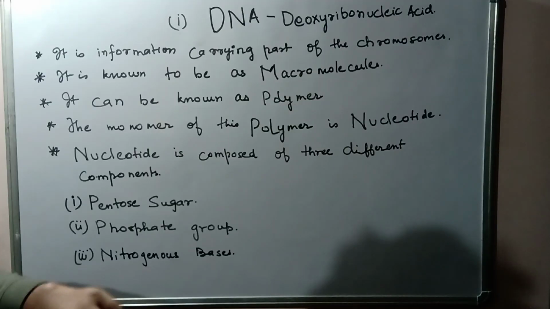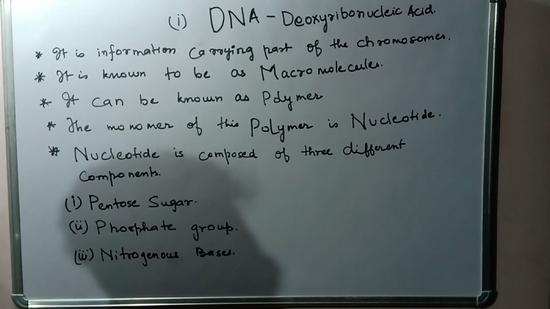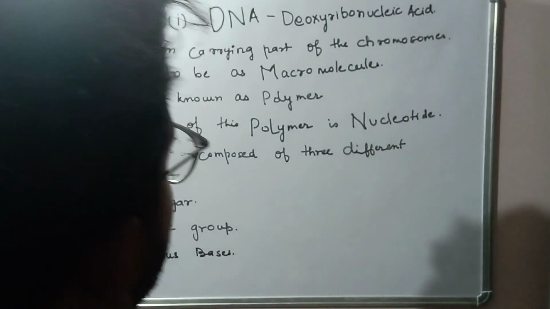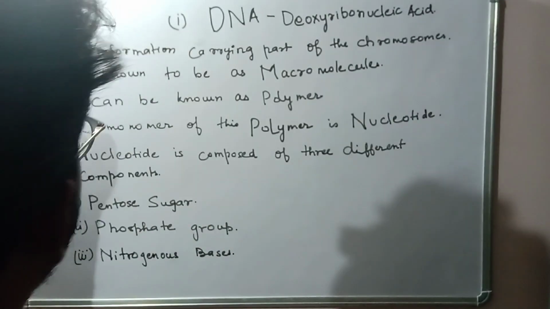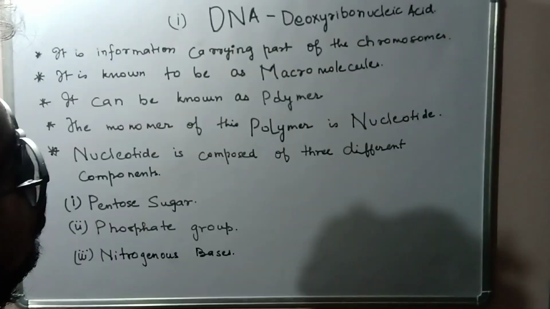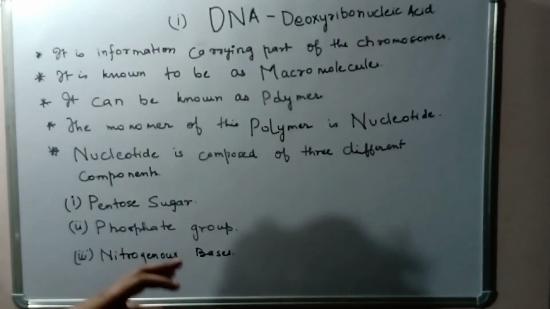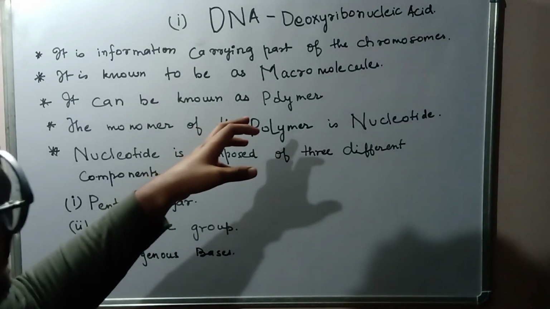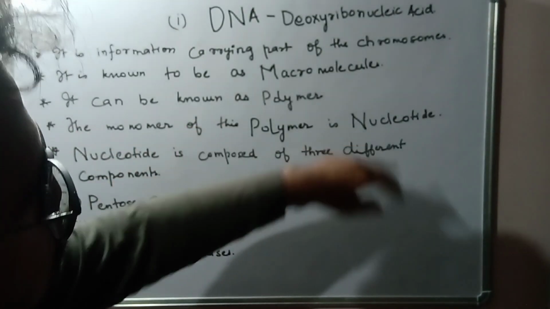It is also known as a macromolecule. Macro means large, and molecule means molecule, so it is a large molecule. It can also be known as a polymer. A large molecule is also known as a polymer. The monomer of this polymer is nucleotide.